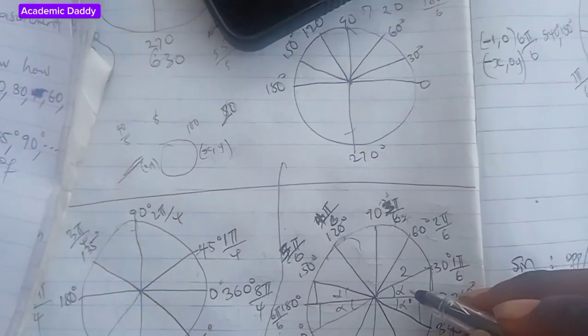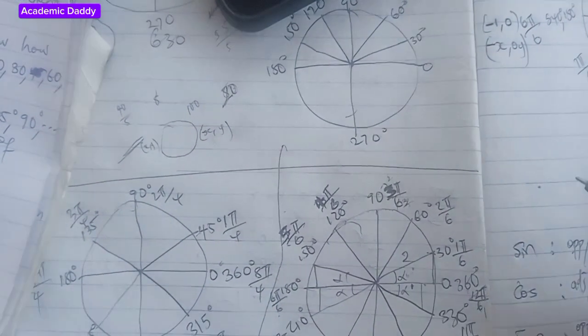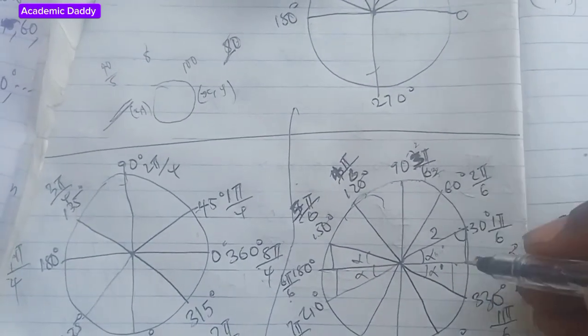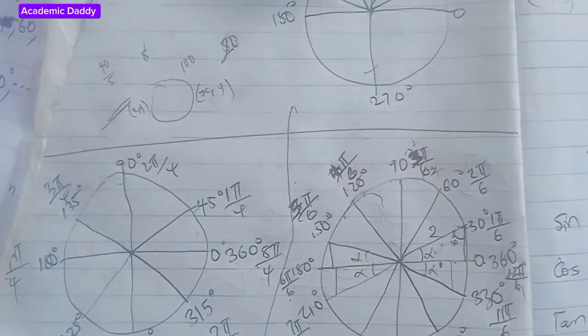The angle here is actually 60 degrees, while the angle on this is the 30 degrees that we have.